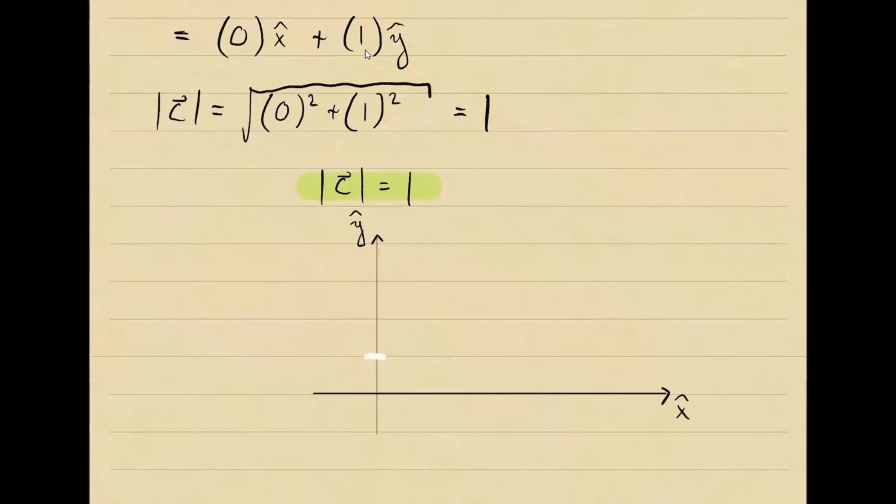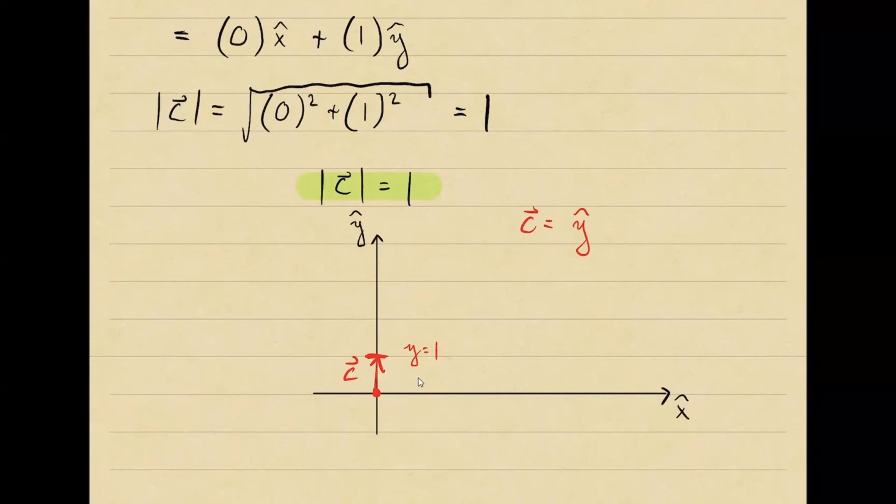So this is y is equal to 1. Then our vector c starts from the origin and points up like this. So it turns out that c is actually equal to the y hat unit vector, because it points straight up in the y direction.